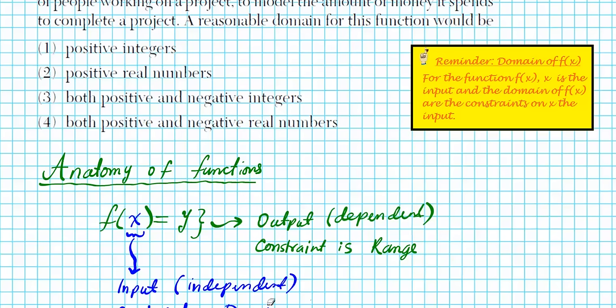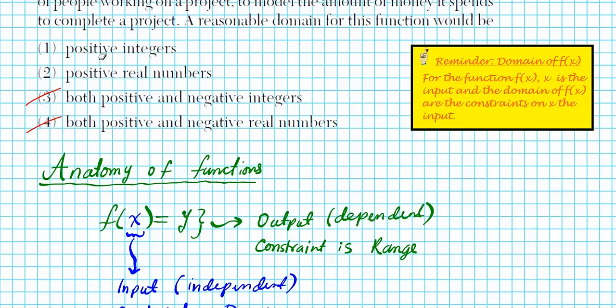We can do some elimination here. Does it make sense to have negative people? We're not talking about attitude, we're talking about numbers, okay? We know there are negative people out there, but can you have negative number of people working? It doesn't make any sense, right? So since you cannot have negative number of people, then we can eliminate option 3 and 4, all right?